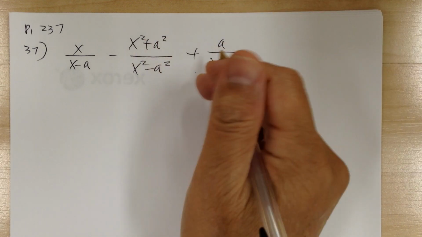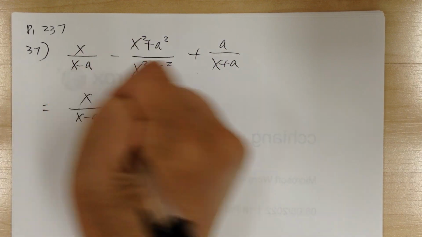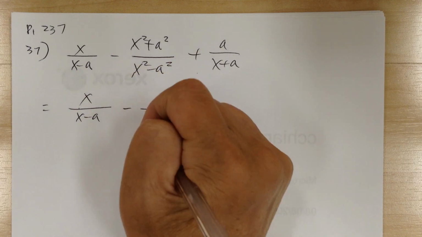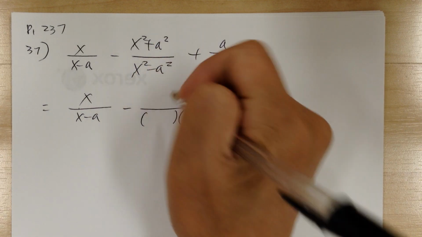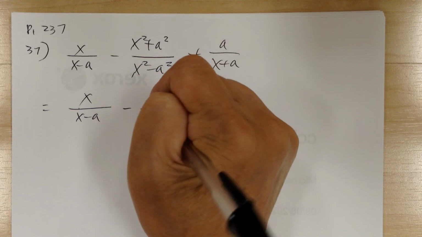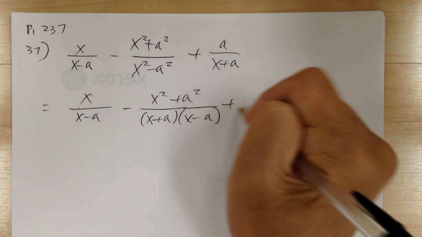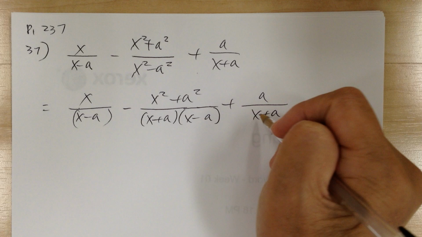Again, let's factor the bottom. This one cannot do anything. This one is the difference of squares, so you have to factor into conjugates. So it will be x plus a, x minus a. And I'm going to put in parentheses.